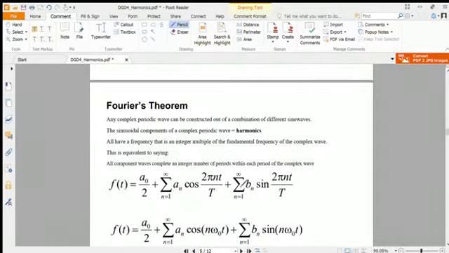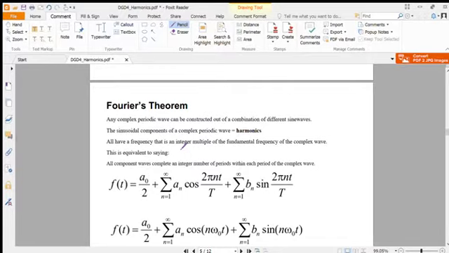So now the Fourier transform. So Fourier theorem. Actually we know the Fourier series is used for the conversion from time domain to frequency domain, whereas the Fourier transform can transform any linear or non-linear waveform into frequency domain, whereas the Fourier series is used only for determination of linear curves.